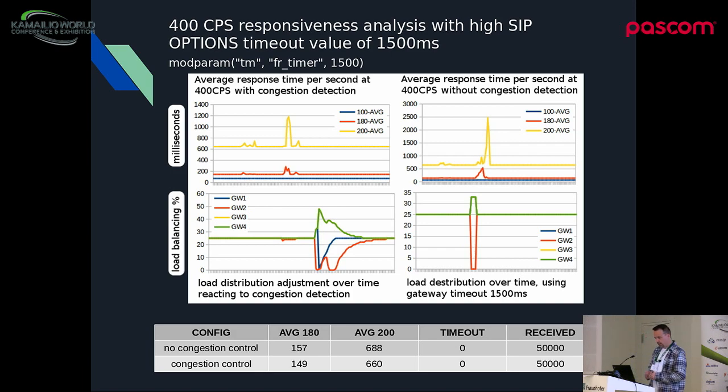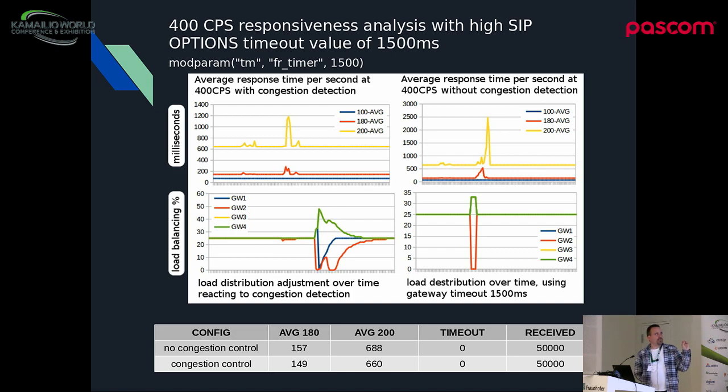This one is with the dispatcher configured with a timeout value of 1.5 seconds. So at one point, it may time out and remove a gateway from service. On your left side, you have the version with congestion detection.